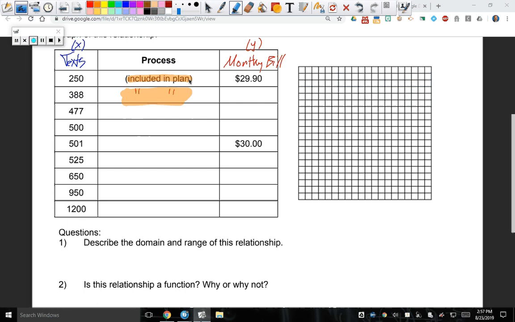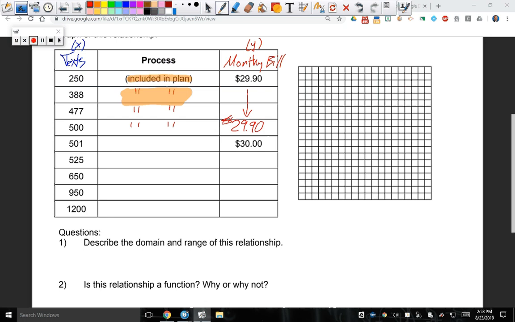So there's a strategy for taking notes, okay? If you have some things that repeat, just do the ditto marks. So these ditto marks are going to exist all the way to 500. Saved us some time. And that's what I'll do for the rest of the year, okay? So $29.90 is also going to be the same. Or if you want to put a line and show it like this, that's good enough for me too.